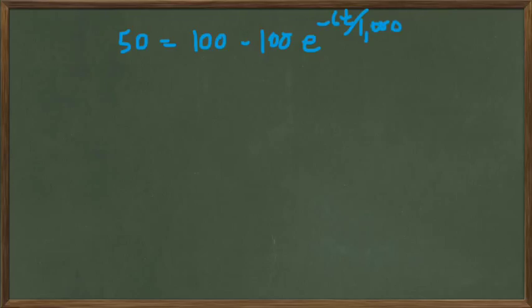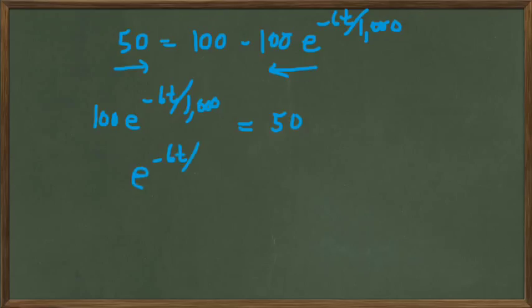We need to solve that for t, so let's move this term over to the left side and move this term over to the right side to get 100 e to the minus 6t over 1,000 equals, we move the 50 over and subtract it from the 100, and get this, divide through by 100 to get this: e to the minus 6t over 1,000 equals 1/2.